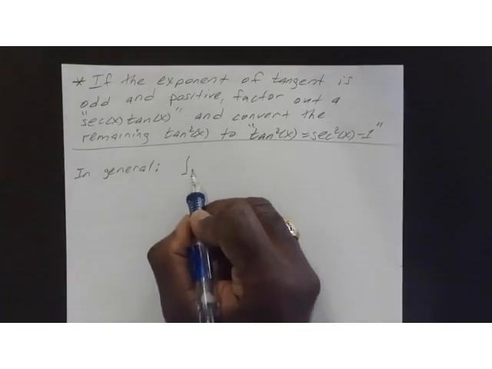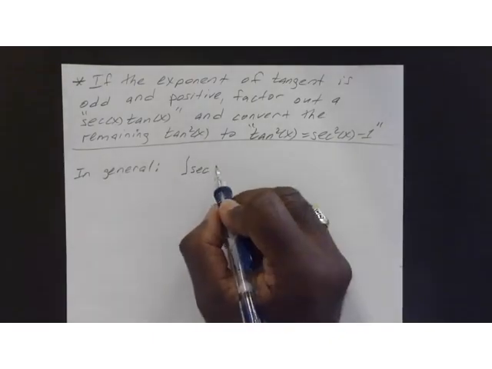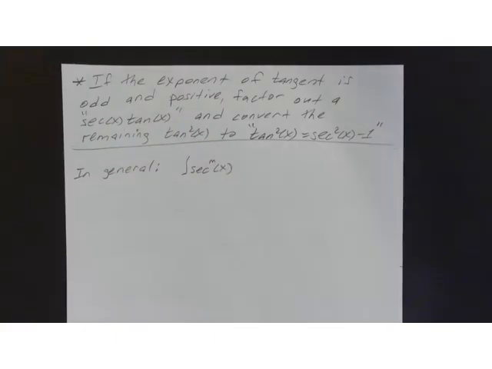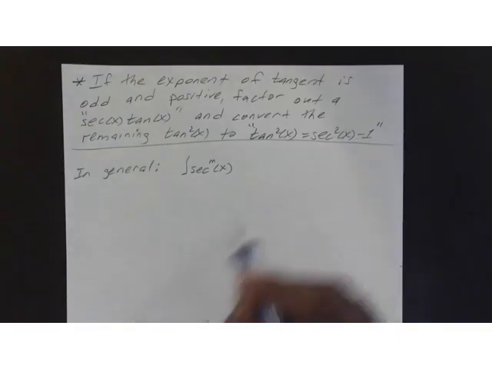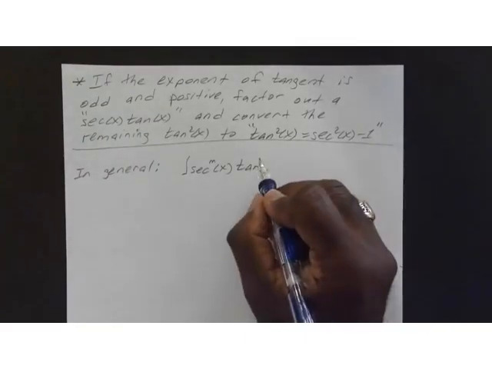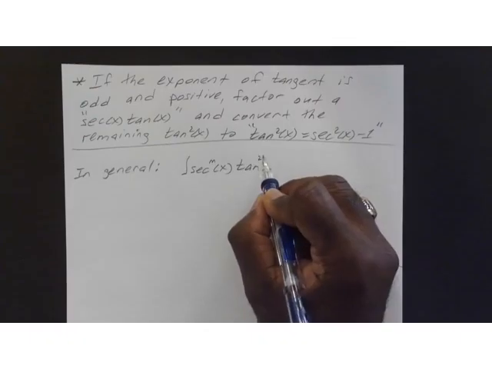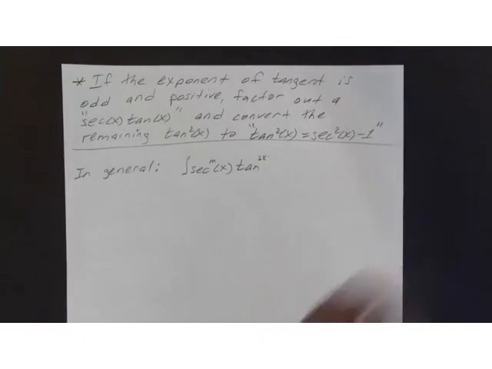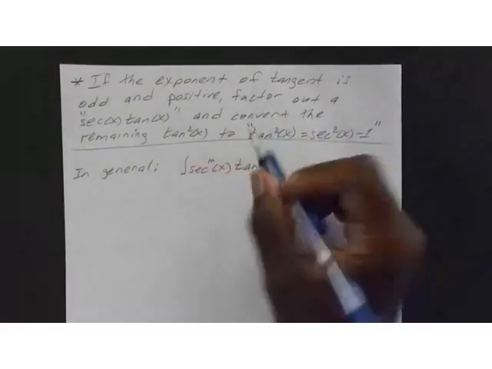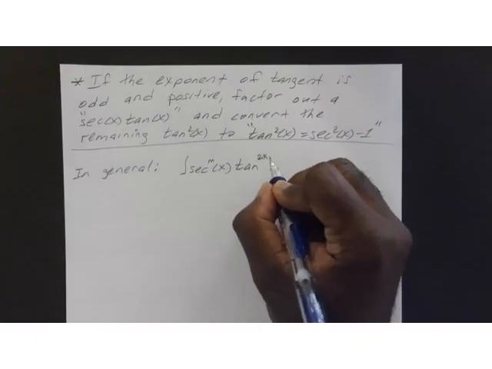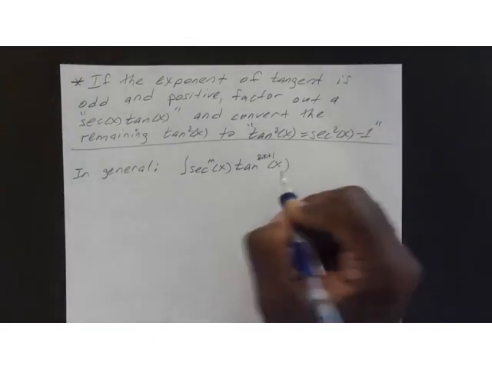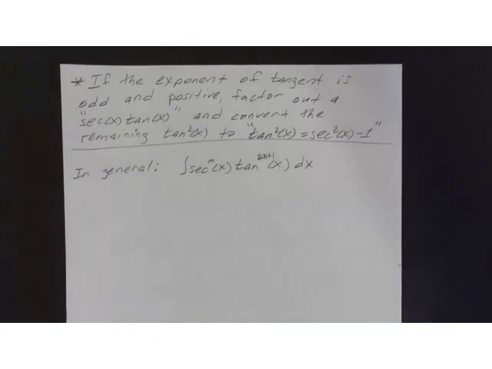Let's say if you have the integral of secant of x, let's say that's raised to the power of some exponent m, and tangent of x, if that's to an odd exponent, so let's say that's to the exponent of 2 times k plus 1. That makes it a little neater. 2 times some whole number k plus 1 will be an odd number.